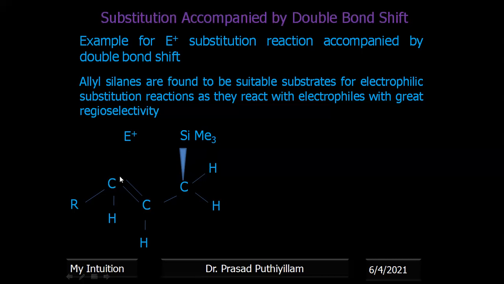When the electrophile is attached to this particular carbon, the next carbon gets the positive charge because the electrons are taken away from it. I am representing that here with the movement of electrons by arrowhead, and it forms a bond with the electrophile.